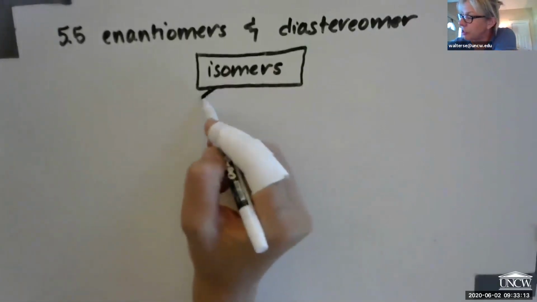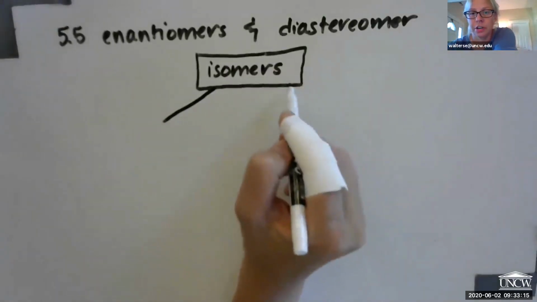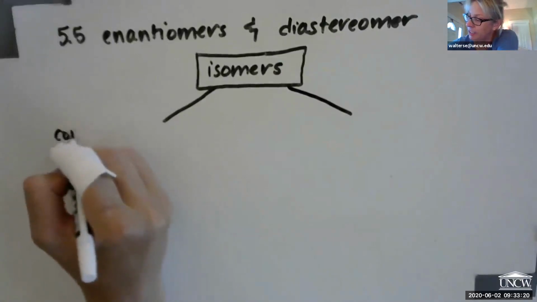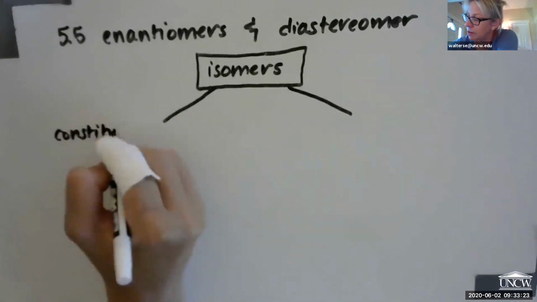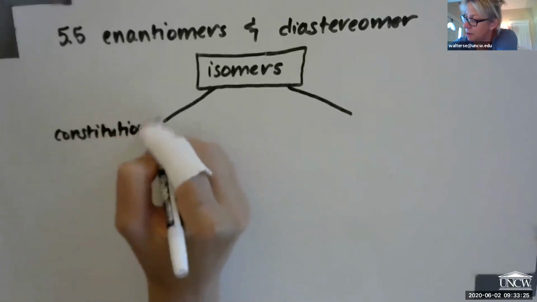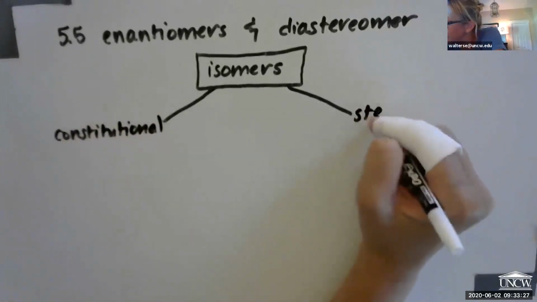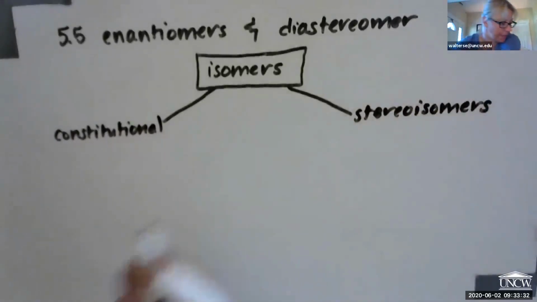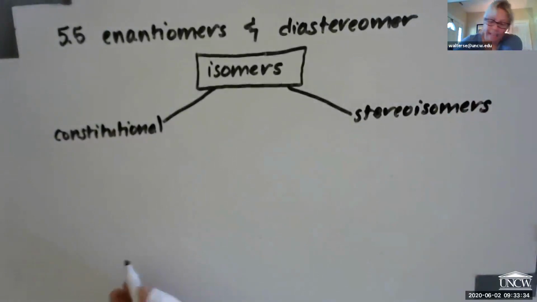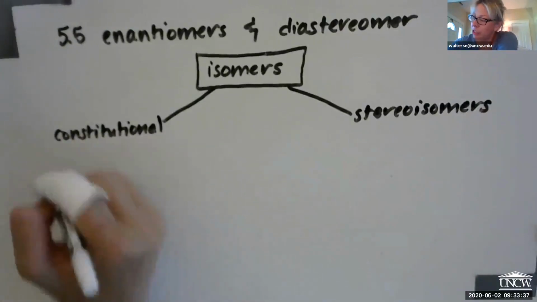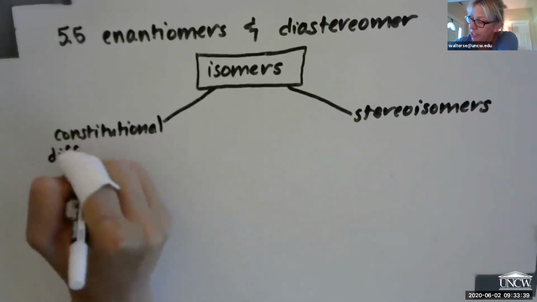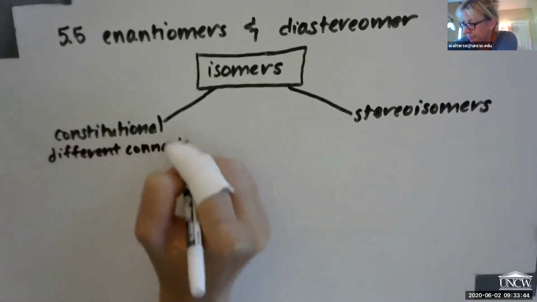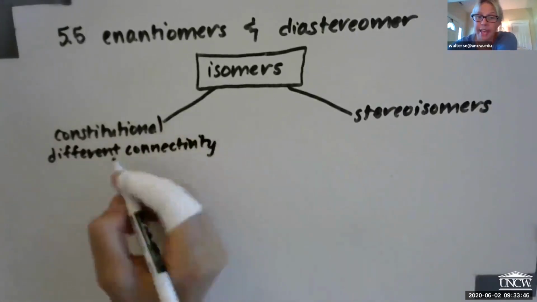So the first branch is between constitutional isomers versus stereoisomers. Constitutional isomers have different connectivity between the atoms.